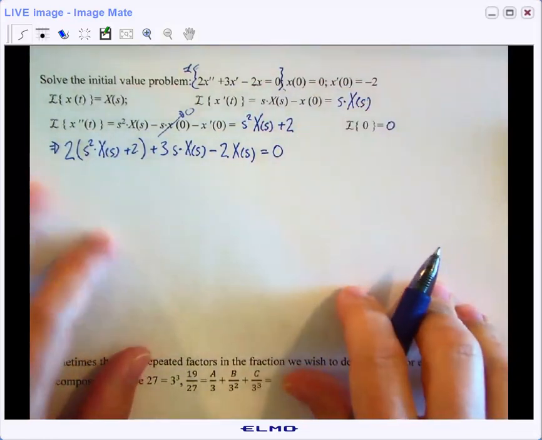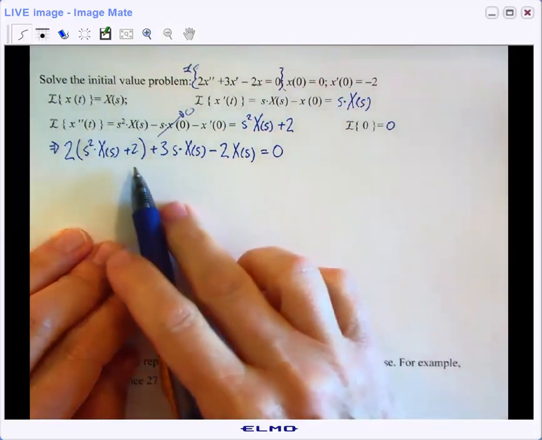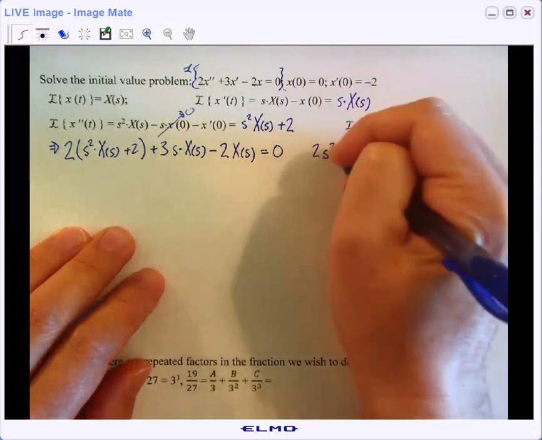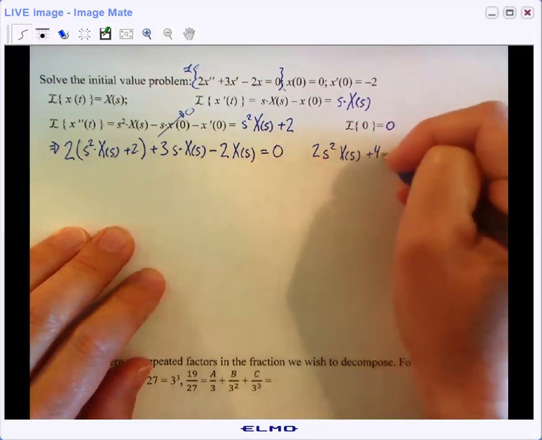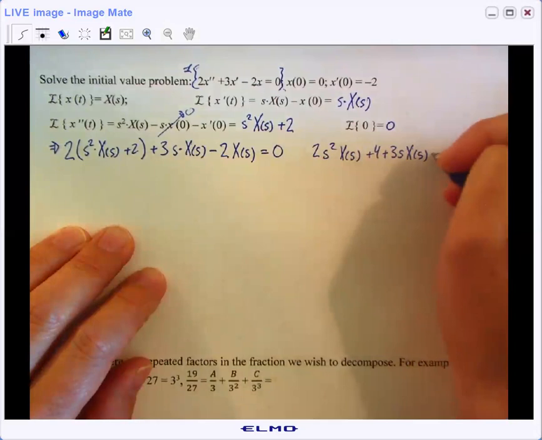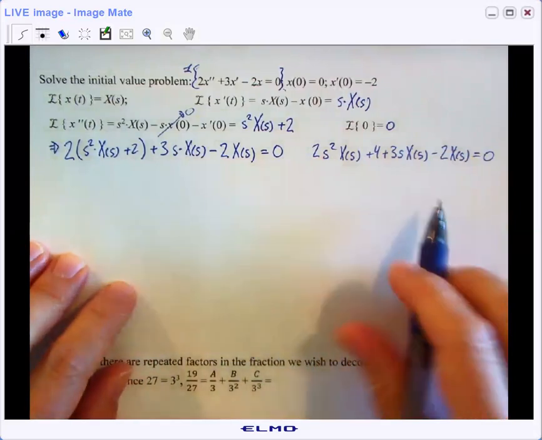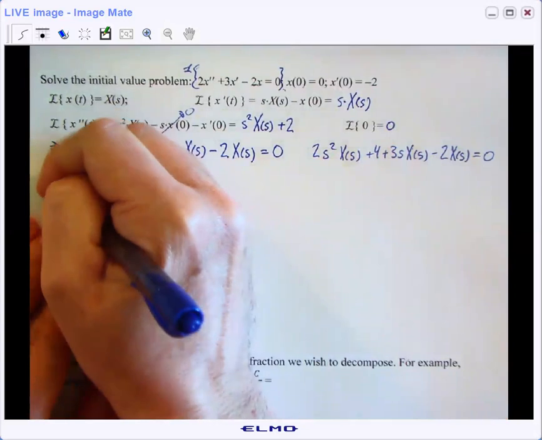All right. Let's distribute and see if we can collect on the X of s term. So 2s squared capital X of s plus 4 plus 3s capital X of s minus 2 capital X of s is equal to 0. Let's subtract 4 and then factor out the capital X of s.